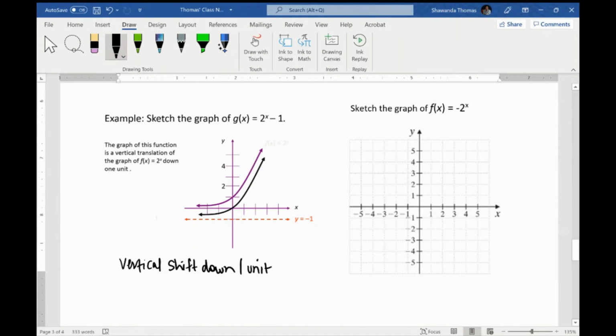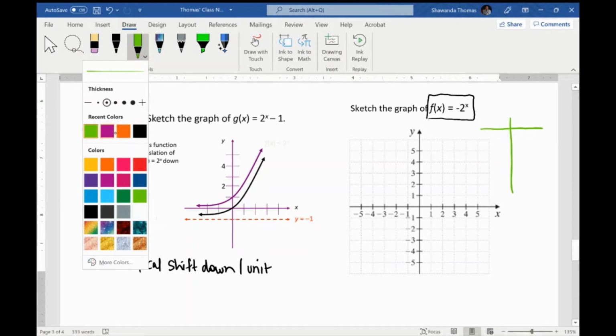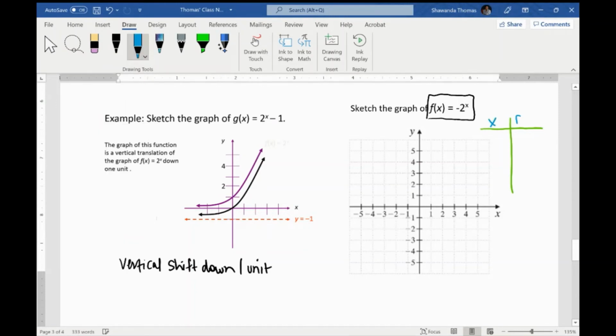What do you think would happen if we put a negative in front of the 2 to the x? I don't know. Let's see. Let's graph this one. Put another color here. X and f of x. What numbers do you want to plug in? Let's just go with -2, -1, 0, 1, and 2.